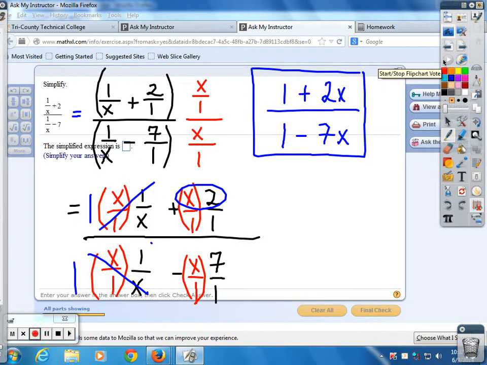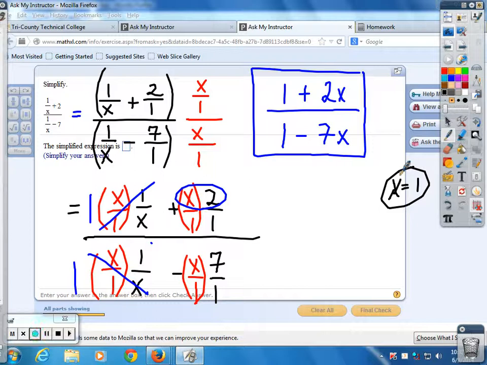What do you mean? Say x is equal to 1. What are you going to get? Negative 1/2. Negative what?